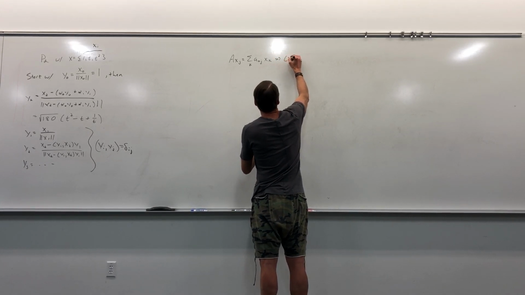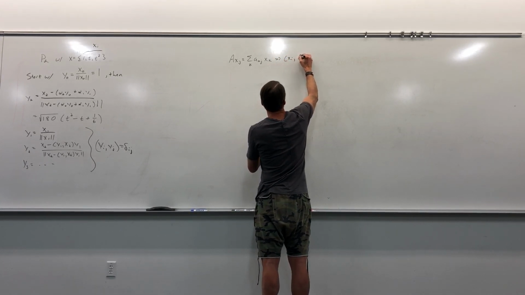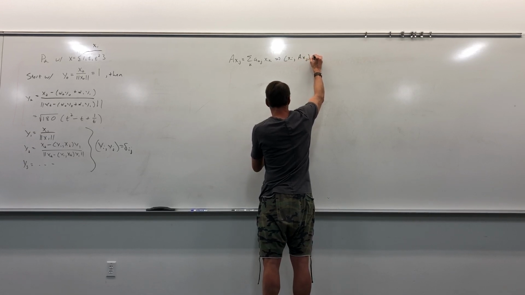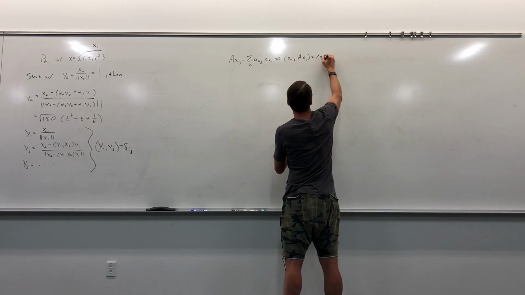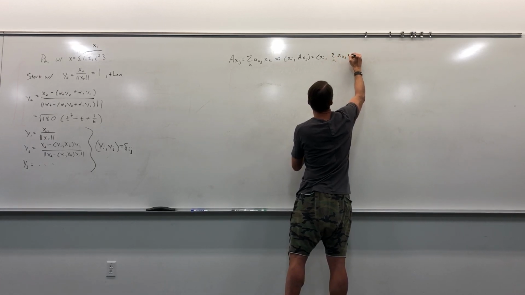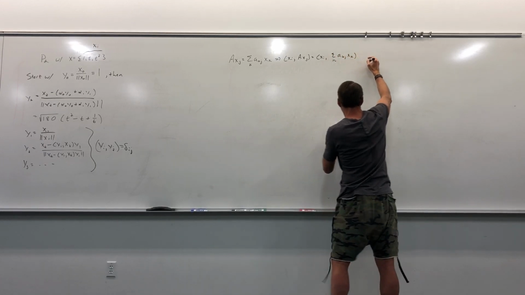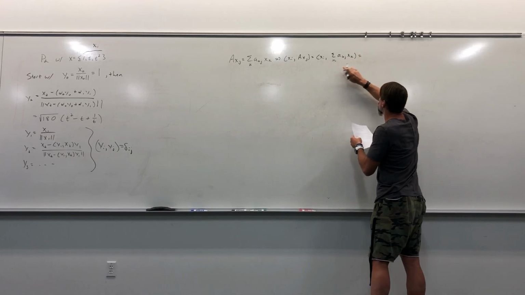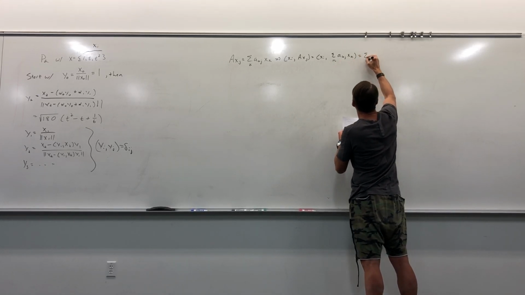The result for the inner product is that the inner product of xi with A xj becomes xi with the sum over k of a_kj xk. And once again, we can use the linearity of the inner product to bring out the sum.